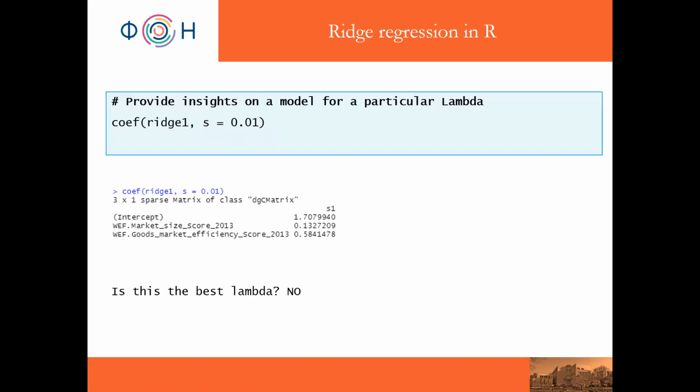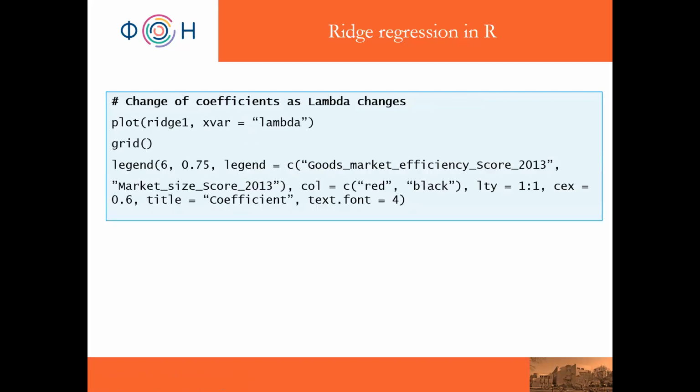But if we ask our question, is this the best lambda? No, we still do not know what the best lambda for our model is. So with the function coef, we can see the values of our estimates based on different values of the parameter lambda.